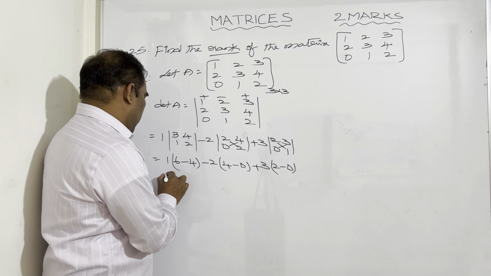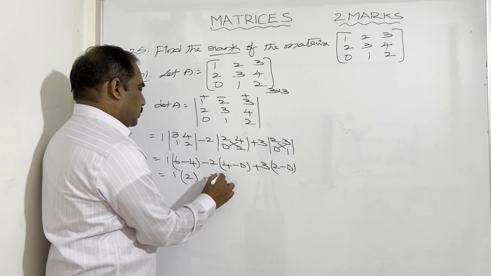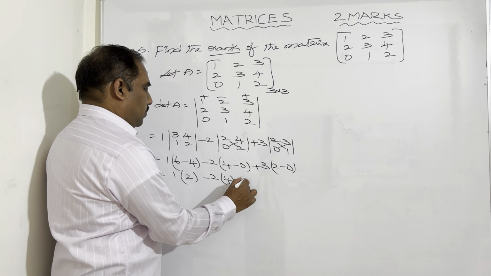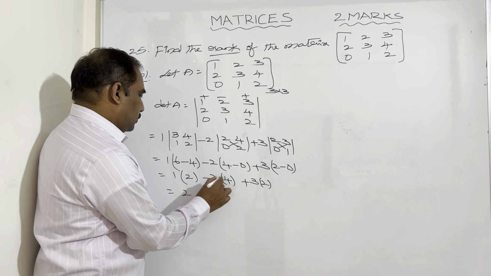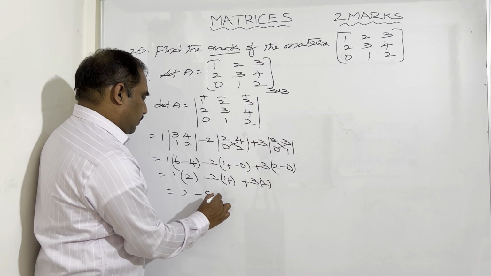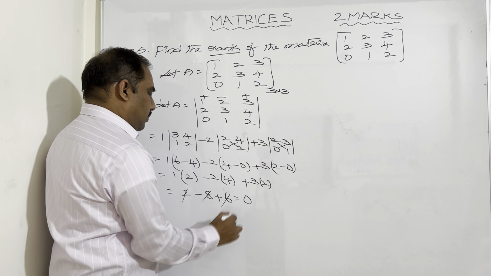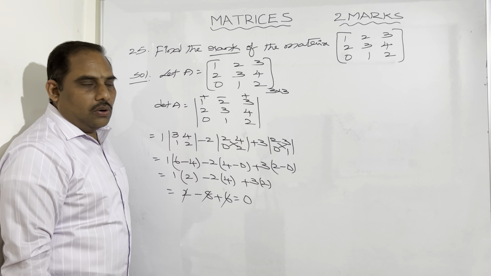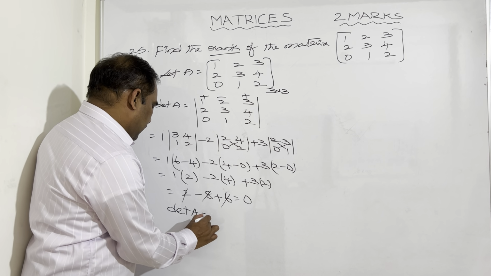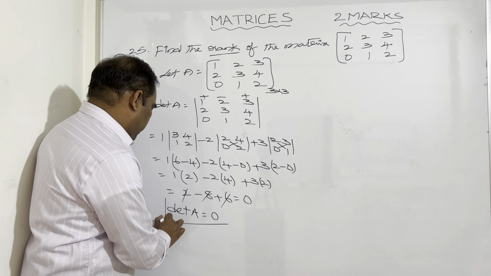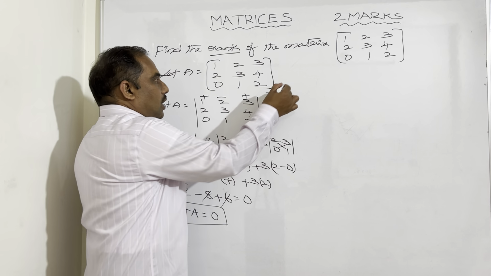So now what we get: 1 into 2, and minus 2 into 4, and plus 3 into 2, which is equal to 2 minus 8 plus 6. So these cancel, plus 8 minus 8 is equal to 0. If the determinant of a 3 by 3 matrix is 0, then to find the rank of that matrix, we proceed differently.